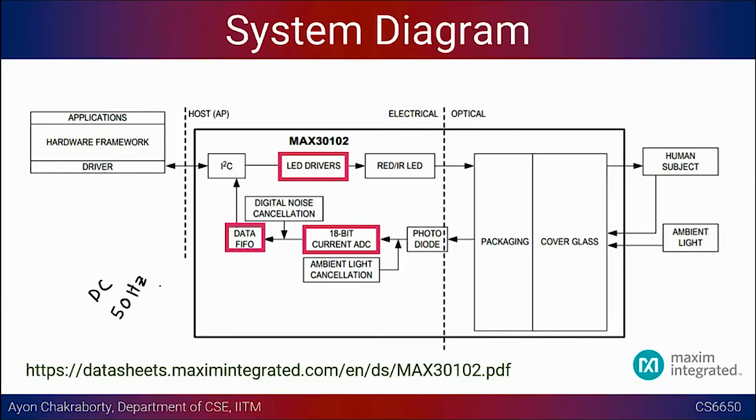Those are the things that also interfere with the reading of the photodiode, and those could also be corrected in hardware. Sometimes there could be sensors that are cheaper. They will not do all the sophisticated correction, and that is the reason they are cheaper. So you have to deal with all these things in your signal processing subsystem.